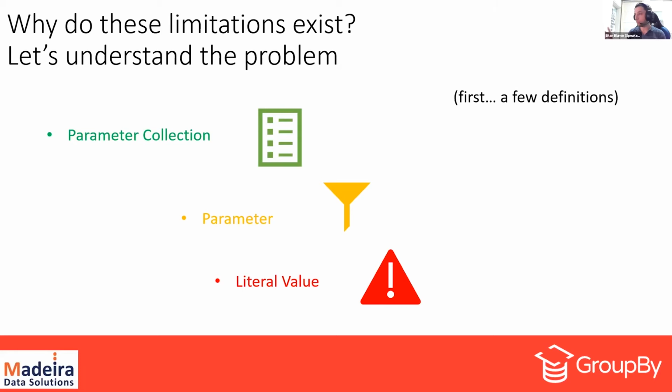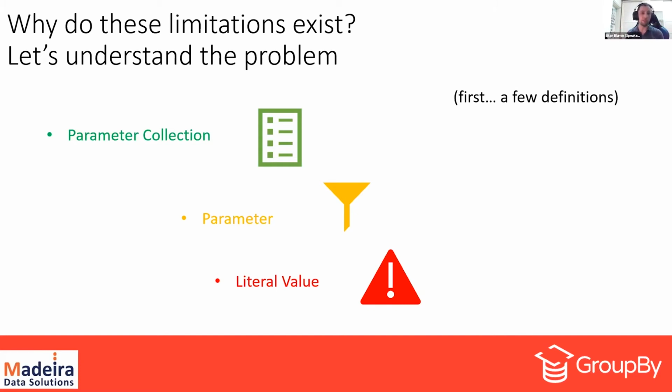Parameters, which are marked as orange or yellow, I'm not sure, it depends on which screen you're using, are the parameters themselves, the ones that start with the at sign, right? Like @name, that's the parameter. A parameter collection, which I mark in the color green, is the set of one or more parameters.